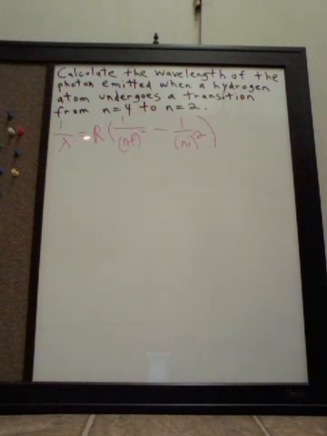The Rydberg equation is 1 over wavelength, where lambda is the symbol for wavelength, equals the Rydberg constant times 1 over n final squared minus 1 over n initial squared.